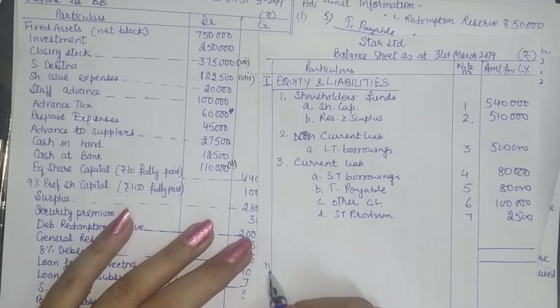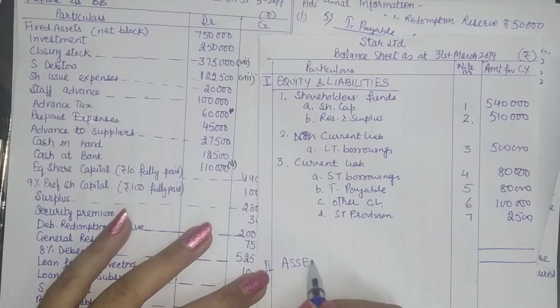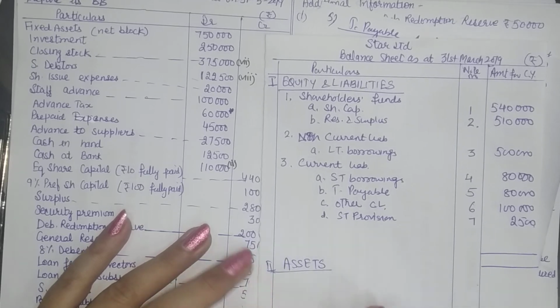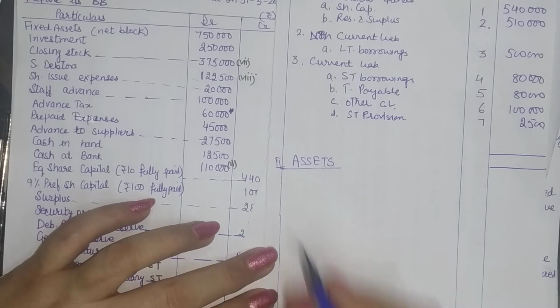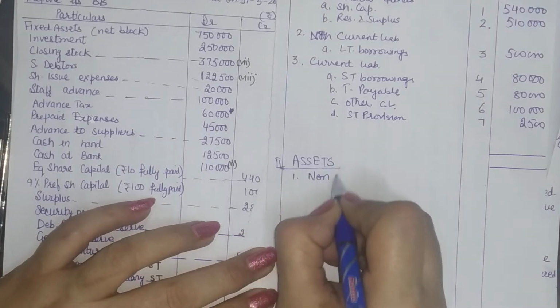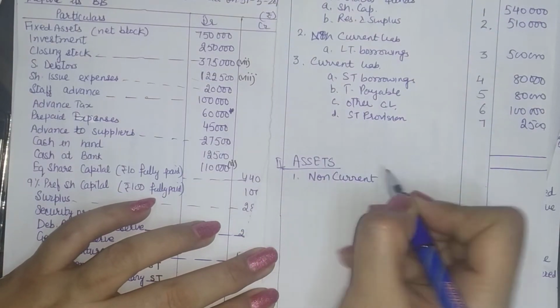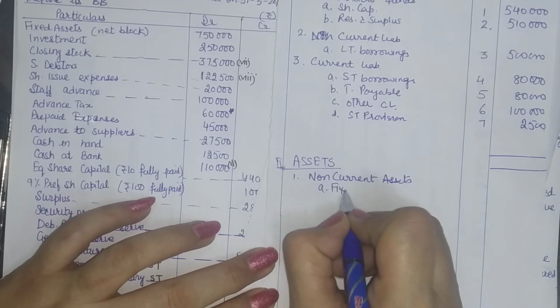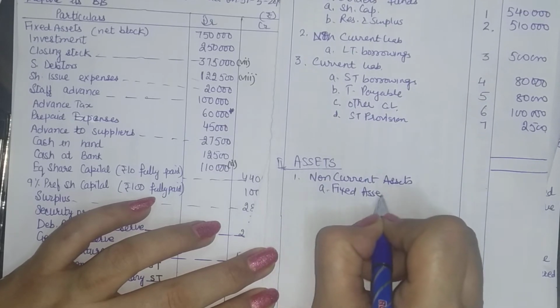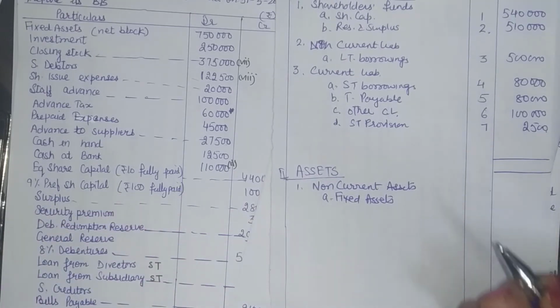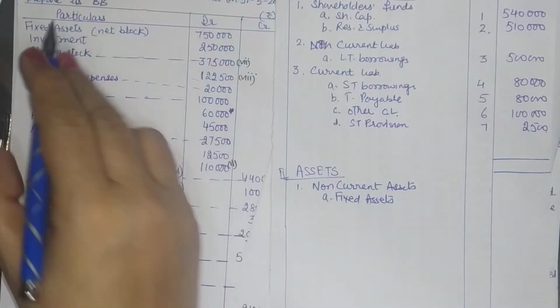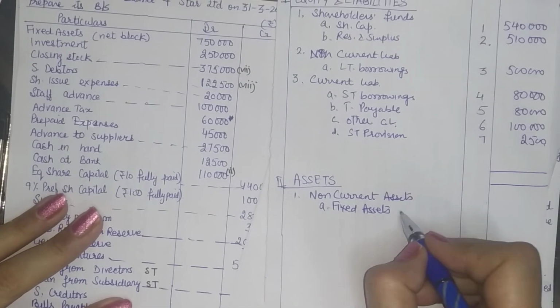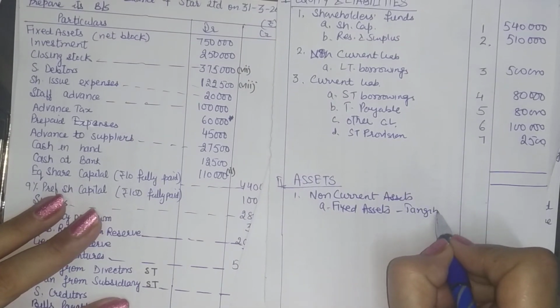Second main component is assets. Now in the assets we have first component as non-current assets. In non-current assets we have first category fixed assets, which includes tangibles, intangibles and assets under development. So we have fixed assets given to us, so we will record tangibles.